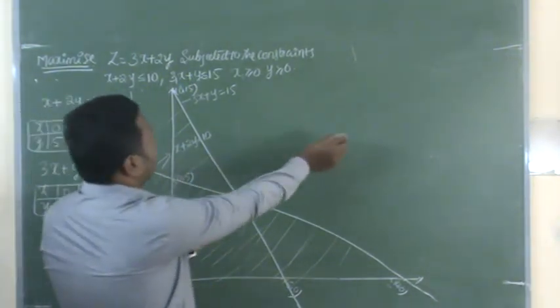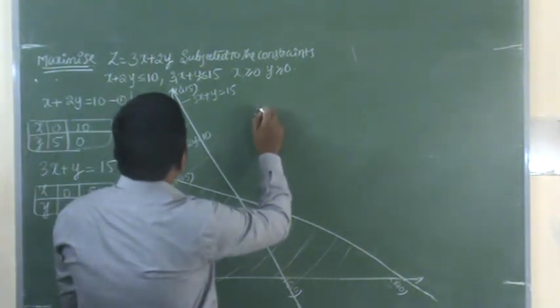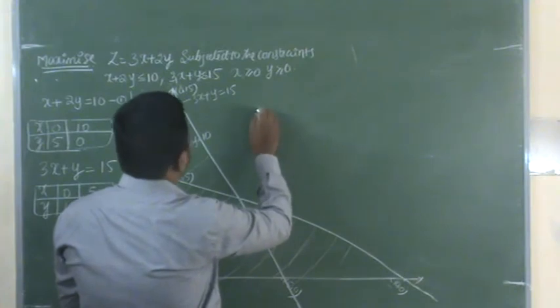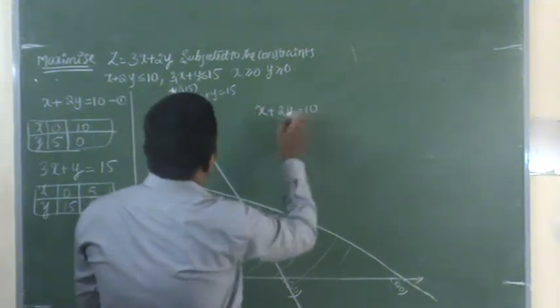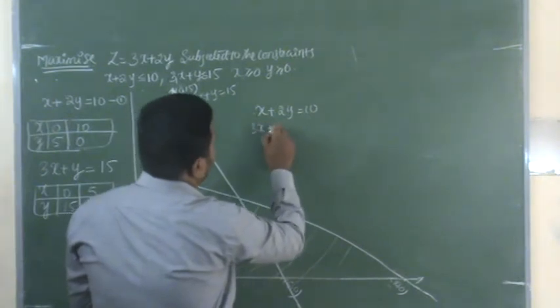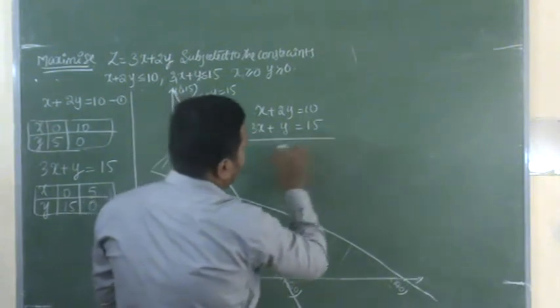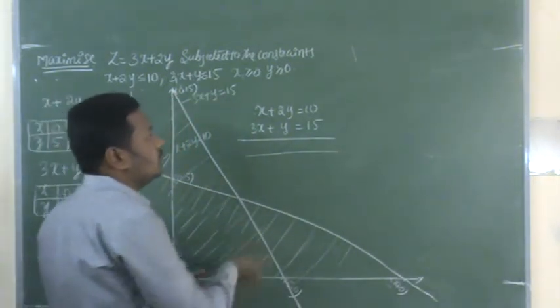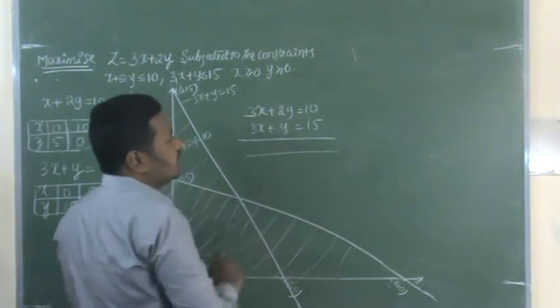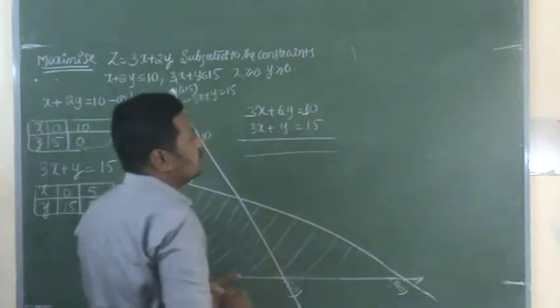By solving these two equations we get the answer. So x plus 2y is equal to 10, and 3x plus y is equal to 15. Now multiply equation 1 by 3. We get 3x plus 6y is equal to 30.